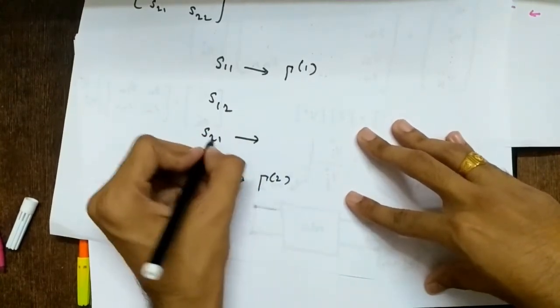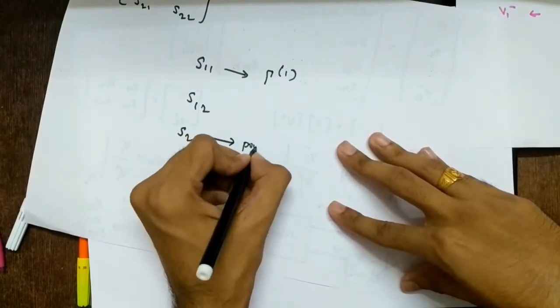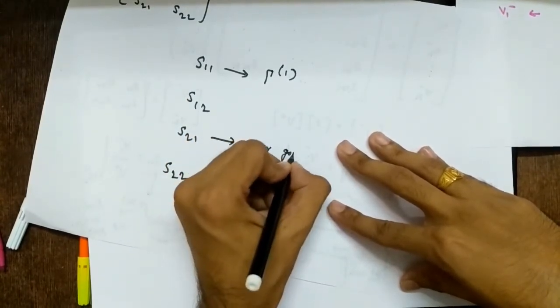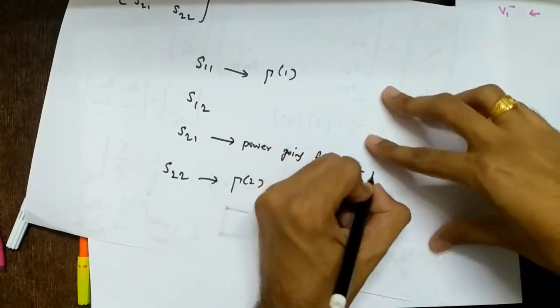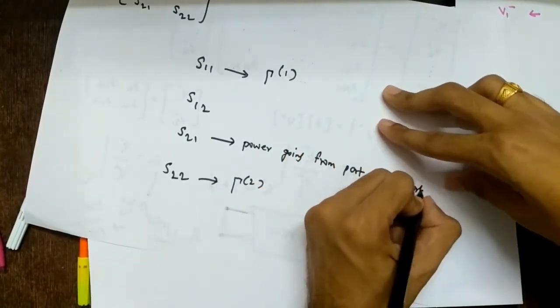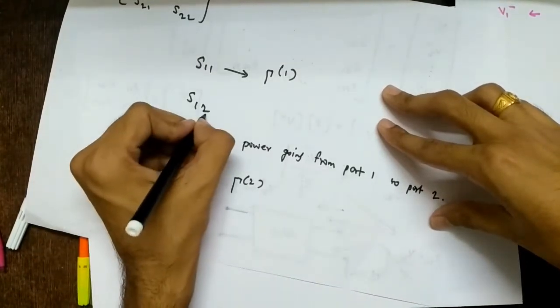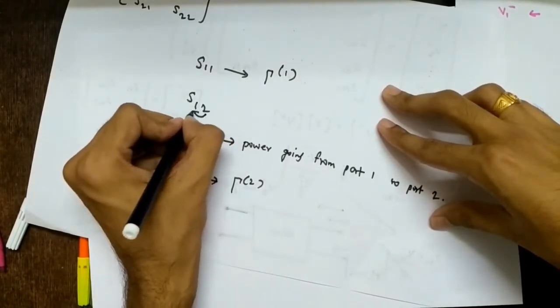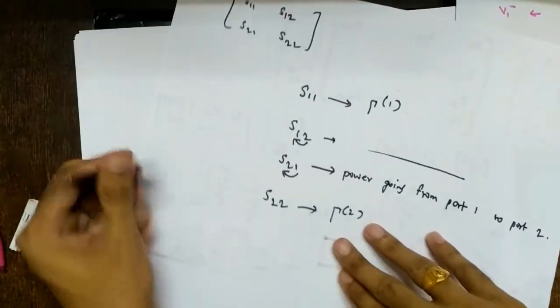It is the power going from port 1 to port 2. Similarly, this will be the power going from port 2 to port 1. I am not writing that.